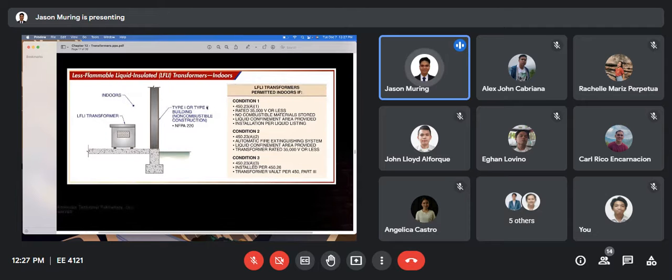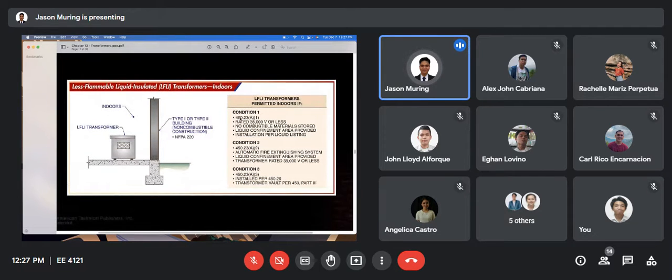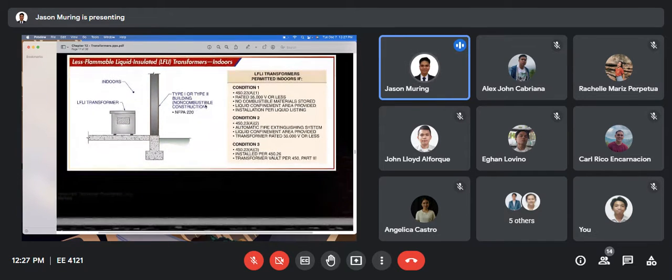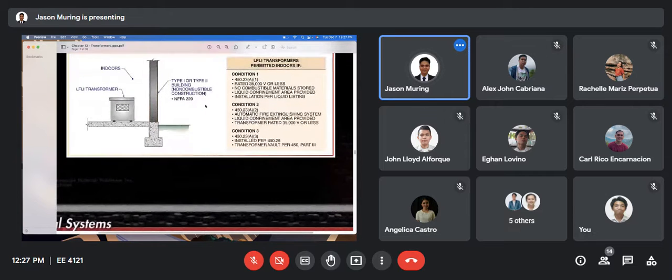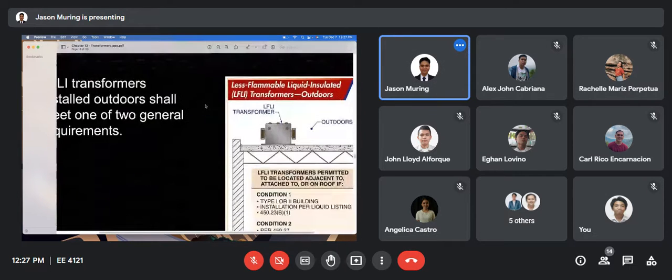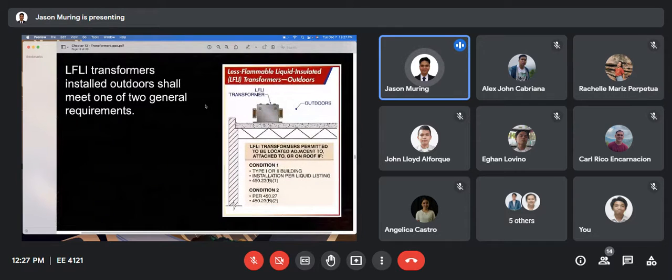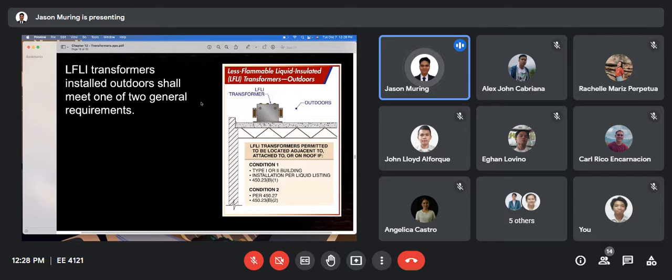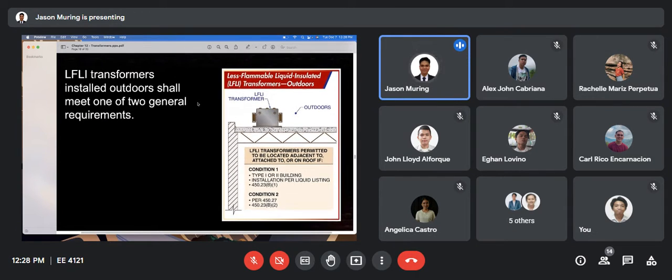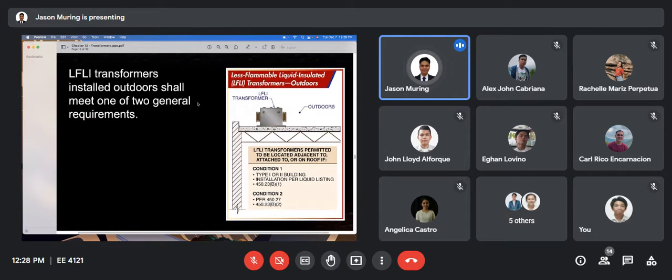So basically there are mga conditions lang where you can install this kind of transformers or LFLI that we have to follow. So in general, I think you can see already that we should make sure that our transformer has protection, or it should be isolated from external agents, and it should have proper ventilation.